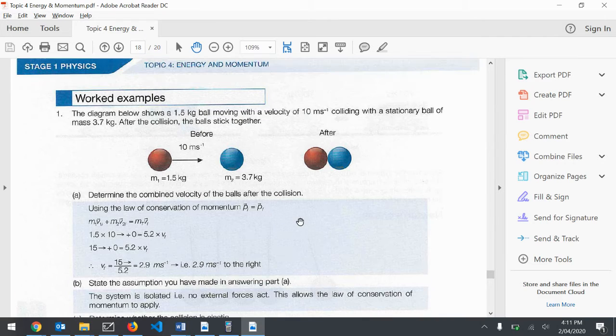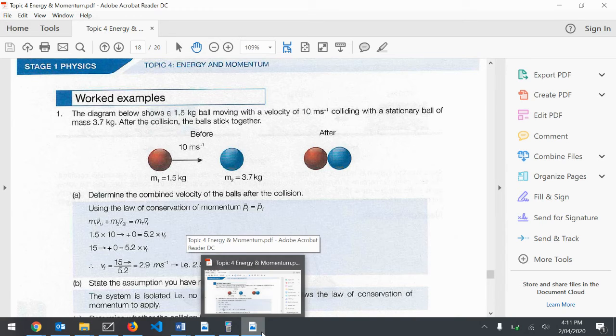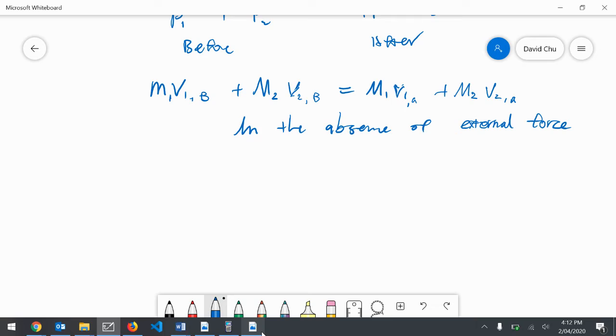All right, so let's look at a worked example because most of the time we apply this to context. The diagram before shows a 1.5 kilogram ball moving with a velocity of 10 meters per second colliding with a stationary ball of mass 3.7 kilograms. After collision, the balls stick together. I want to find the combined velocity after the collision. So I'm going to substitute what I know in here.